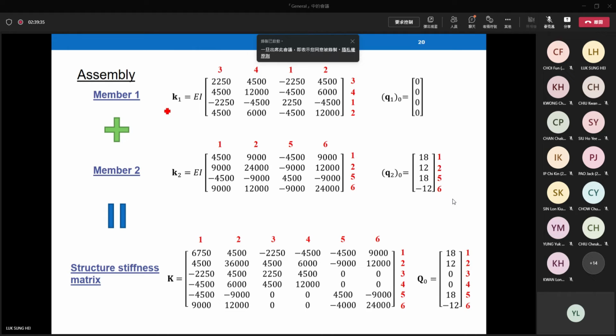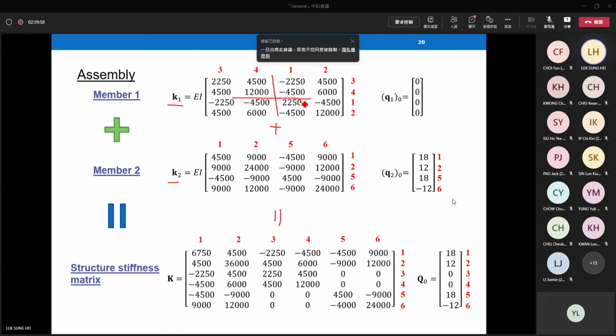K1, K2, add them up together. It gives us the structure stiffness matrix. Maybe you have to rearrange this element a little bit, or you can do a simple mapping. This one is also easy to map because it's not exactly ascending order, but you can divide this into 4 quarters.